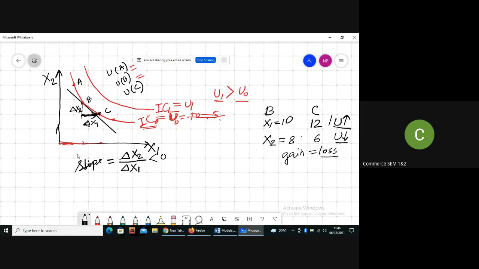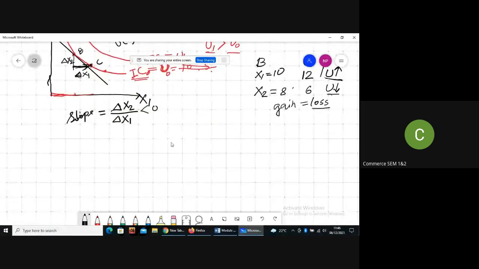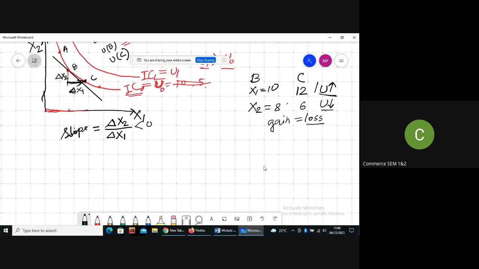Now mathematically we can derive it. Say the utility function is a function of x1 and x2, commodity 1 and commodity 2, and the value of utility will be constant for any indifference curve, this IC0.